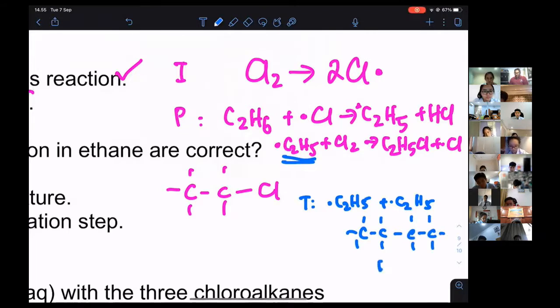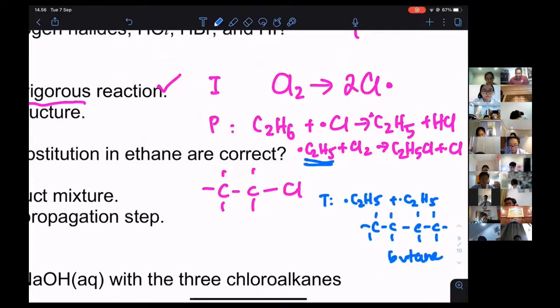So this is going to be butane. This is the product of termination, so it's not going to be a lot. It's not under propagation. Therefore, butane is present is correct. The main bulk of chloroethane comes from the propagation step. Yes, of course, it's coming from the propagation step.